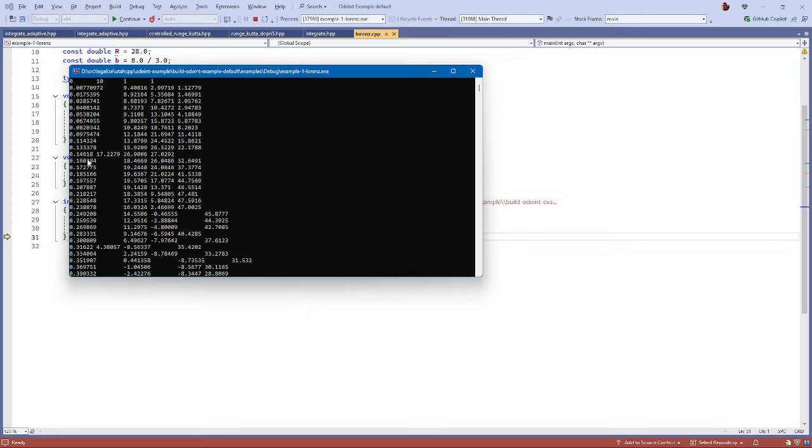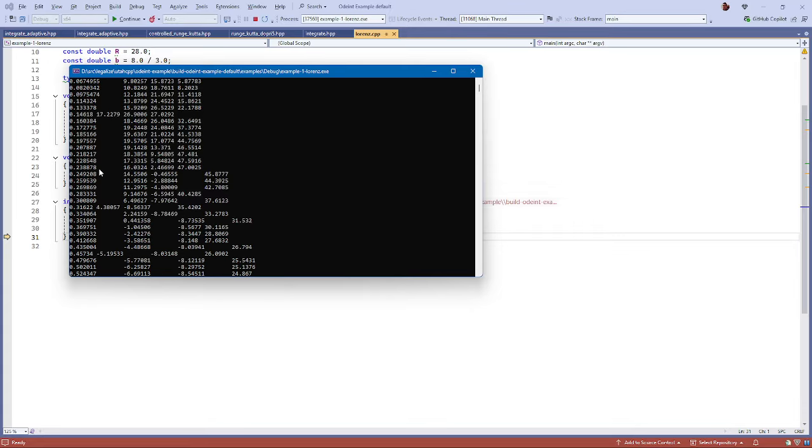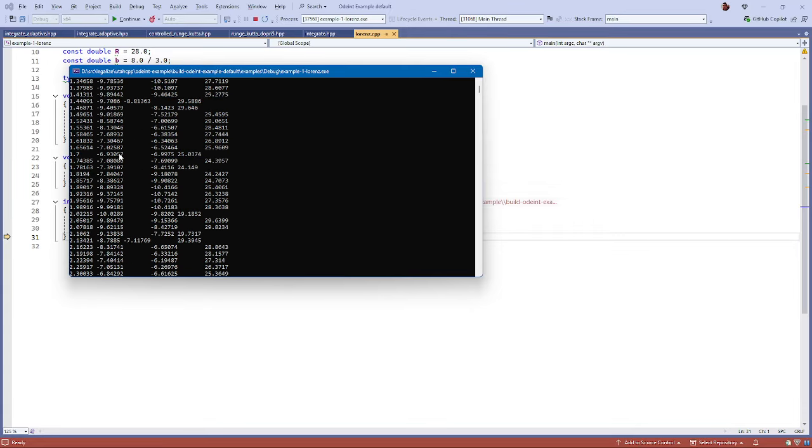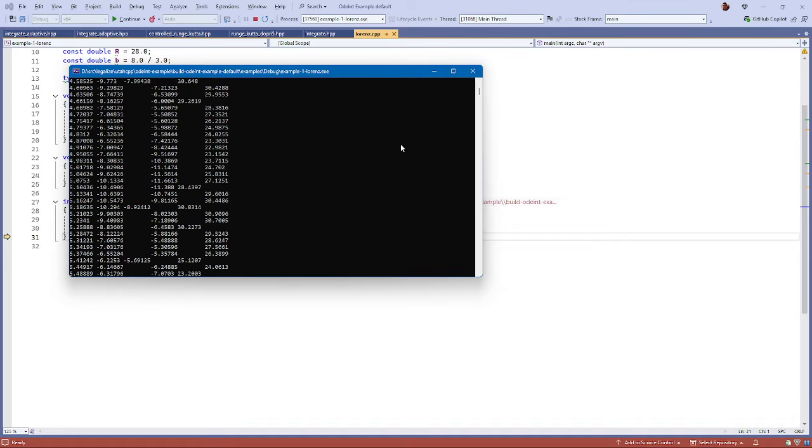It depends on how tightly curving the system was at any given point. Here we went from 0 to 007, and then went to 017, and then went to 028, and then 040, 053, 067. So these steps in time are not uniform because it was using an adaptive step size algorithm.